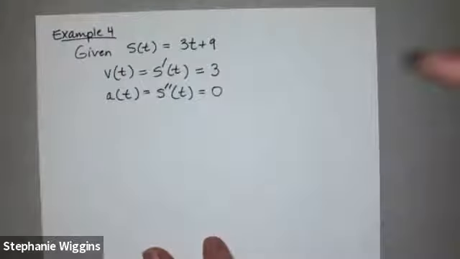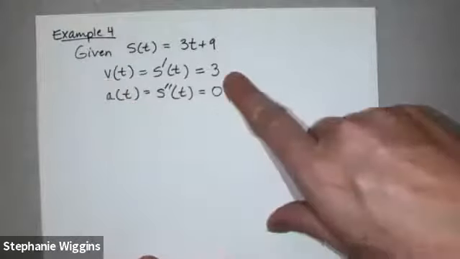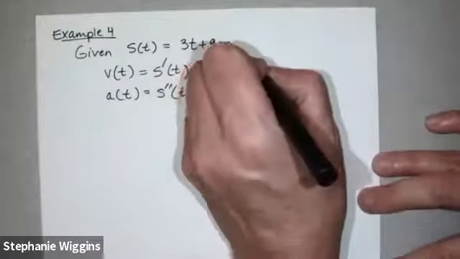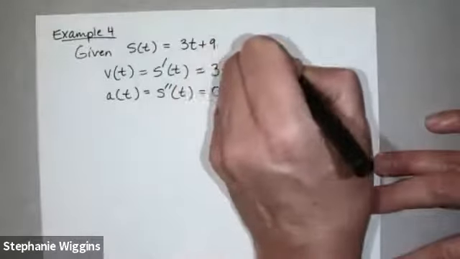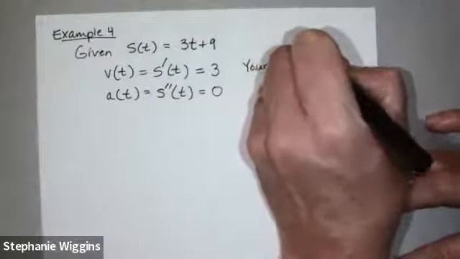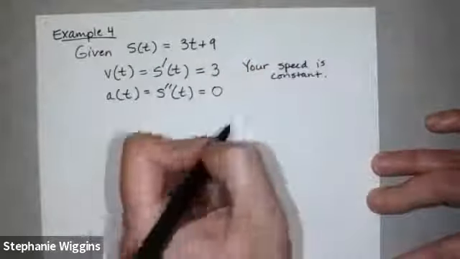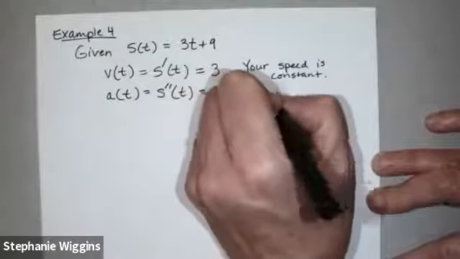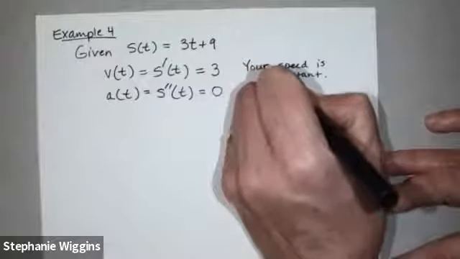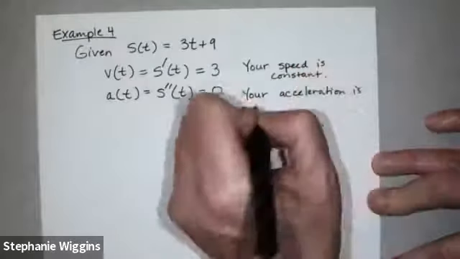Basically, your speed, or your velocity, is constant, and your acceleration is 0.